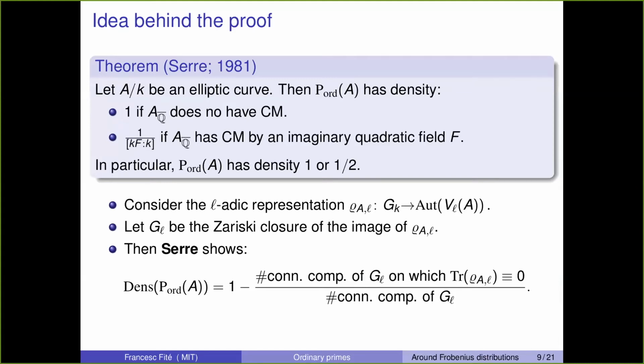Rho A is the l-adic representation attached to A, which encodes the action of the absolute Galois group of K on the l-adic Tate module of A, and I denote by G_l the Zariski closure of the image of rho sub A. Then Serre shows that the density of the set of primes which are ordinary for the elliptic curve A is 1 minus the proportion of connected components of this Zariski closure G_l on which the trace of the l-adic representation is identically equal to 0.